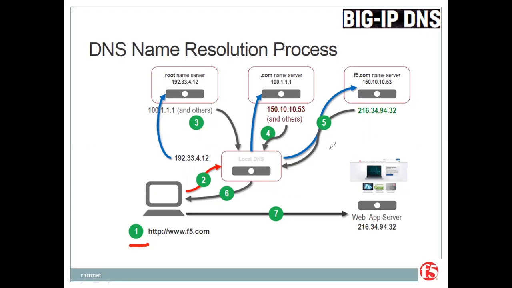Please go and talk. So the fifth step is talking to the F5 DNS server. The F5 DNS server comes back with the IP address of the original www.fi.com. Once this information is received by the local DNS from the F5 DNS server, it gives it back to my PC. The PC directly talks to the web application server.